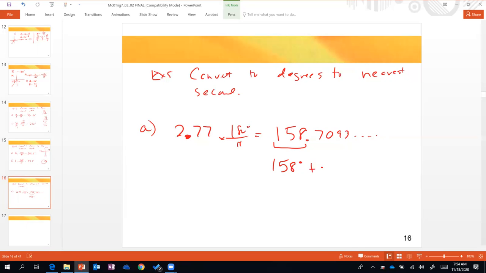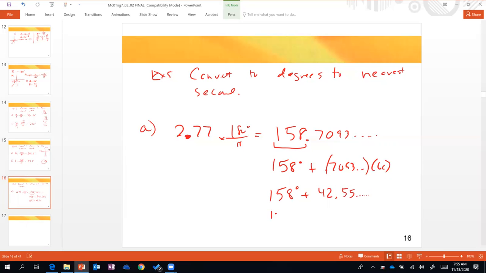So the leftover is 0.7093 and so on, times 60, which gives us 42.5 and then something beyond that as well.